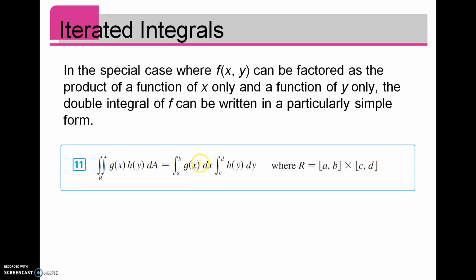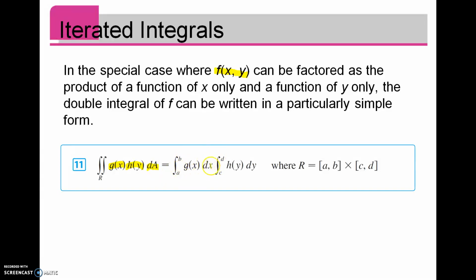Now we can also talk about a special case where f of xy can be factored as a product. So here f of xy can be factored as a product of a function of x and a function of y only. So the double integral of f can be written in a particularly simple form. So here we broke down f of xy to g of x and h of y dA.